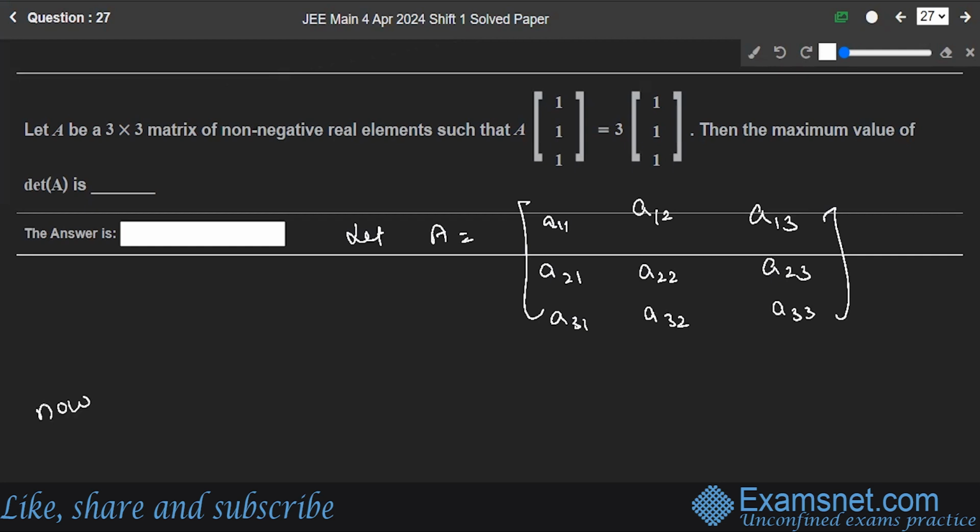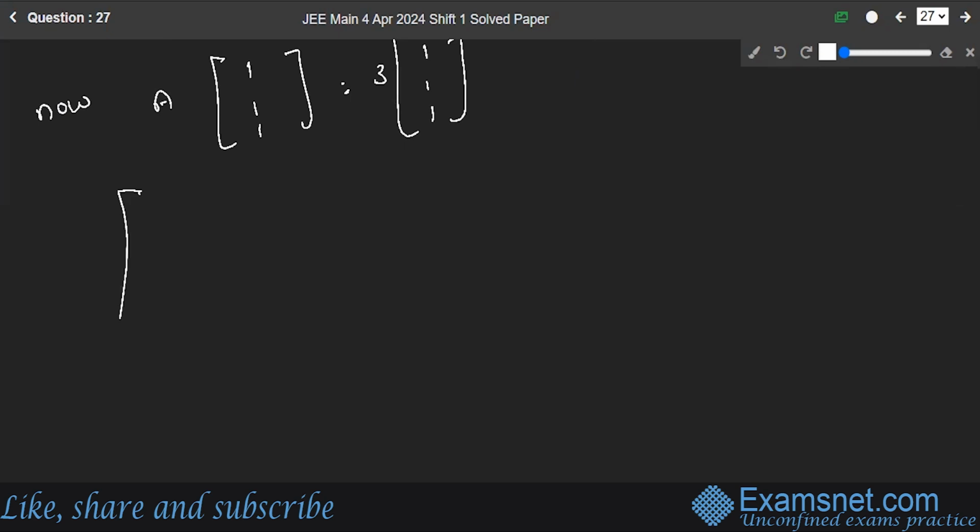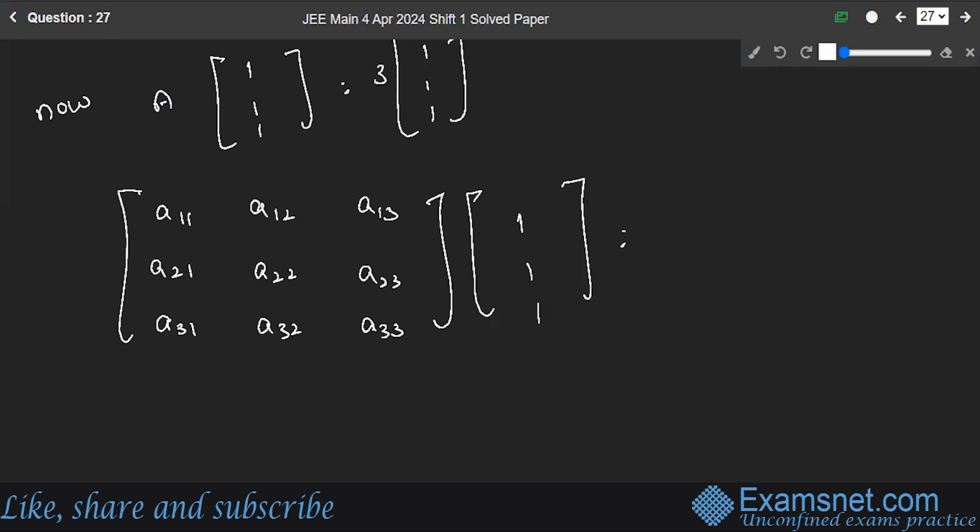Now, you are given that A times (1, 1, 1) is equal to this, so that means you have the matrix A times the column (1, 1, 1), and this will be 3, 3, and 3. Let's multiply. This is 3 by 3, and this is 3 by 1, so the number of columns matches. Okay, this can be multiplied.